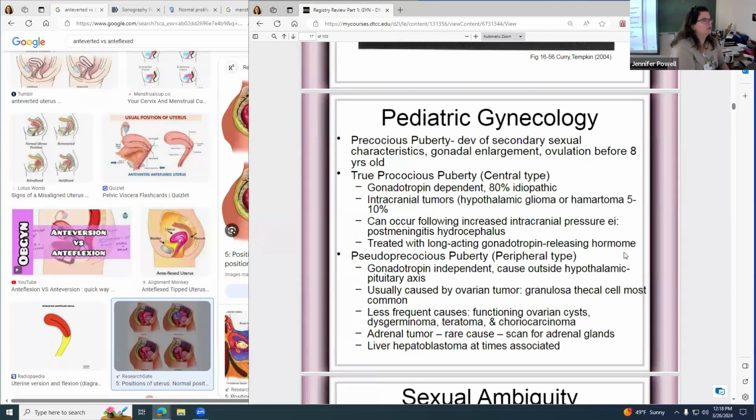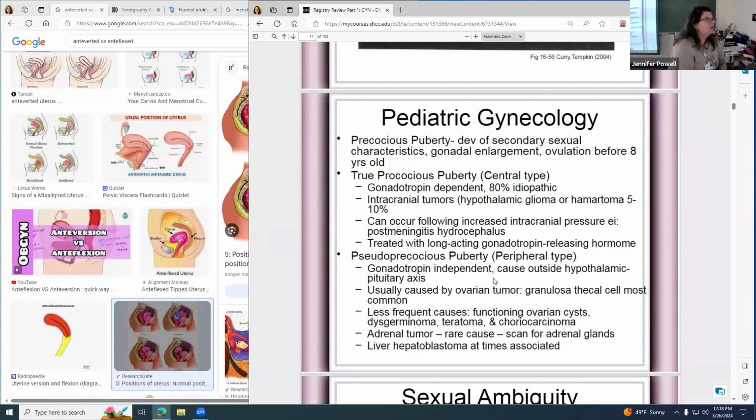Pseudo precocious puberty is the peripheral type. It is gonadotropin independent. So there's nothing coming from the pituitary to tell the ovaries to produce and mature an egg. Cause is outside the hypothalamic pituitary axis, usually caused by an ovarian tumor, a granulosa thecal cell, most common. Less frequent causes: functioning ovarian cysts, dysgerminoma, teratoma, choriocarcinoma.